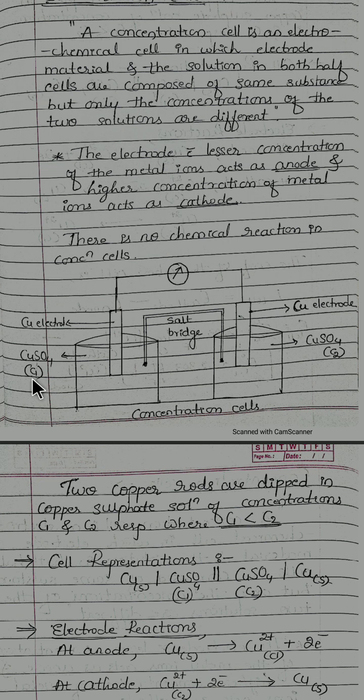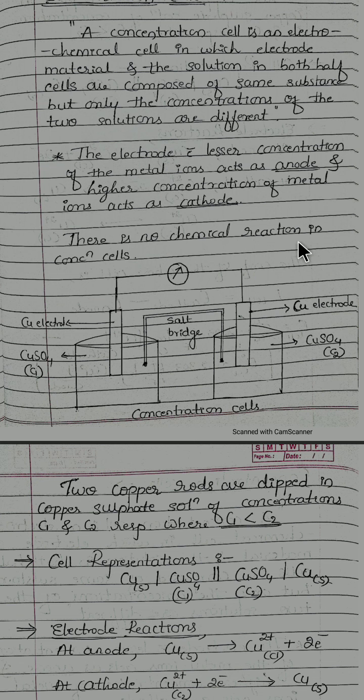Here the concentration is C1 and here the concentration is C2. So the same electrode is dipped in the same solution, but the concentrations are different in anode and cathode. That is nothing but your concentration cell.